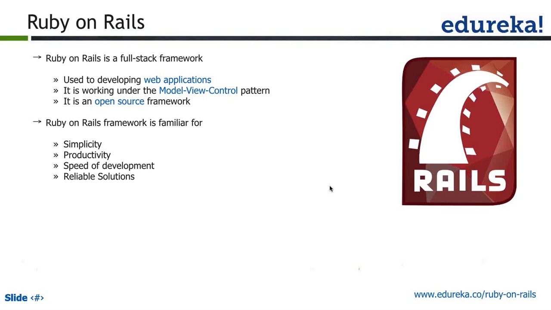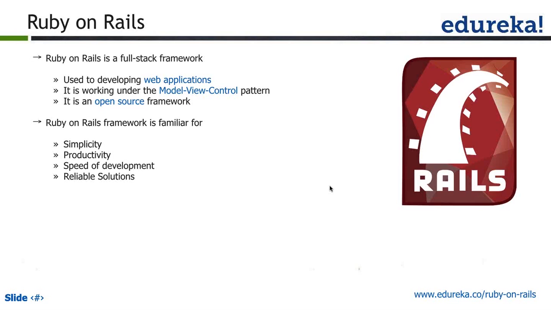Okay, now coming to Ruby on Rails. So far we have been looking at Ruby, which is a programming language or a scripting language. Ruby on Rails is the web framework which is used to develop websites or web applications, right? It uses a pattern called MVC, or Model View Controller, right? It's an open source framework.